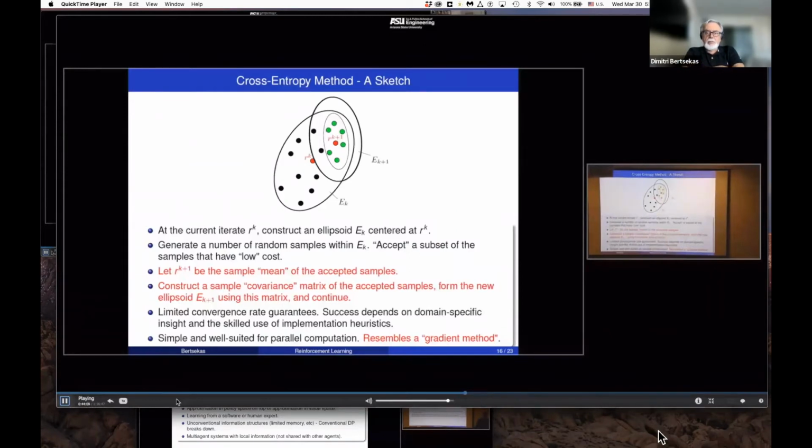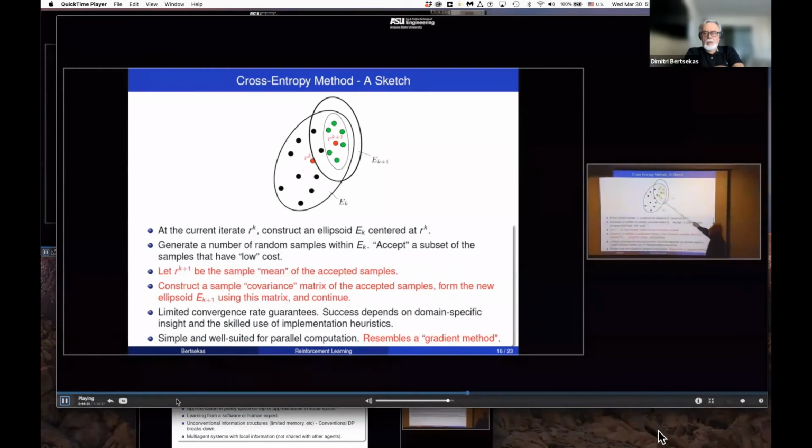The gradient method is iterative, generates a sequence R_k, and calculates a direction for better points, and it moves along that direction, aims for lower cost. Similarly here, we look at a direction for better points, but what is better is evaluated by sampling as opposed to calculating a gradient.